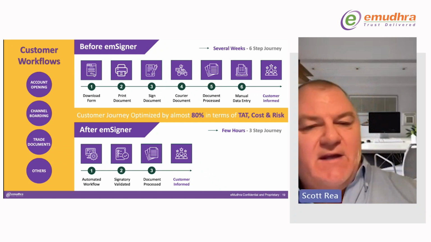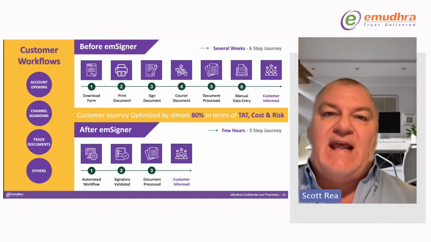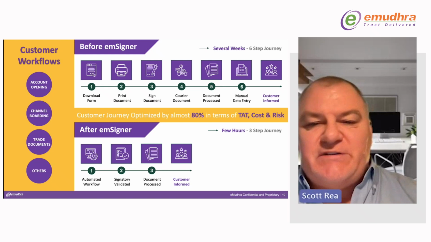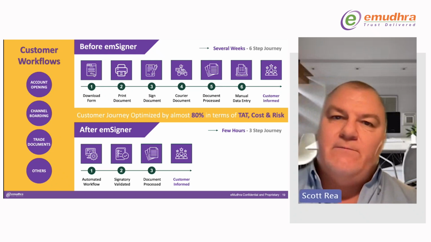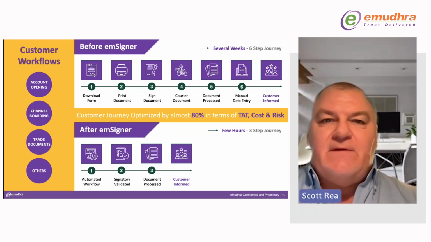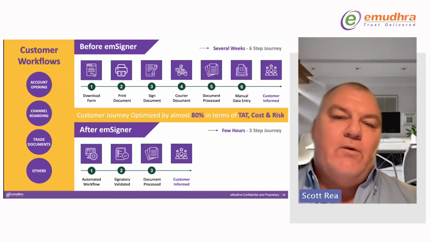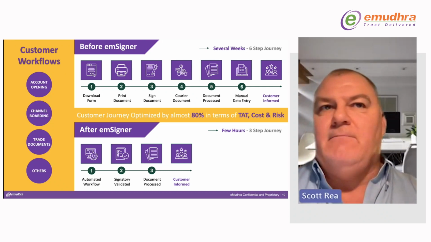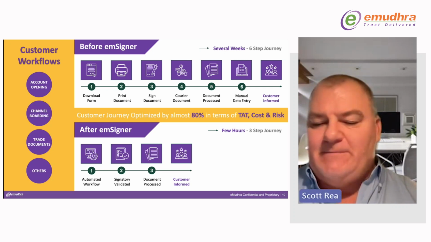One of the great advantages of moving to something entirely paperless, with legal recognition within the jurisdiction in which you're operating, using mSigner, is that you can shorten that to just a few steps, with optimization of up to 80%, and onboard customers much faster, with a much more streamlined and easy online experience.